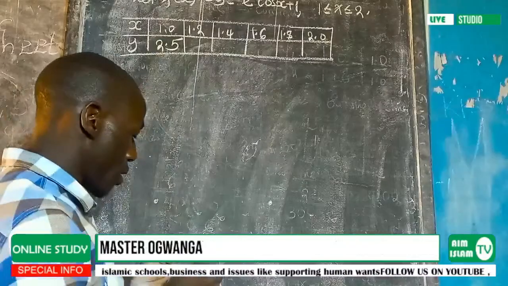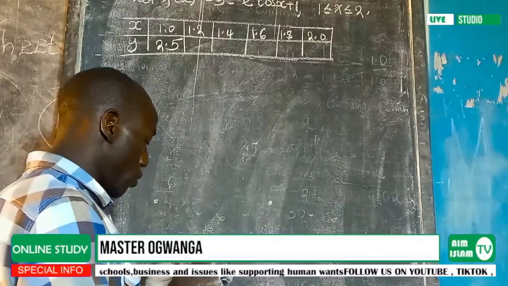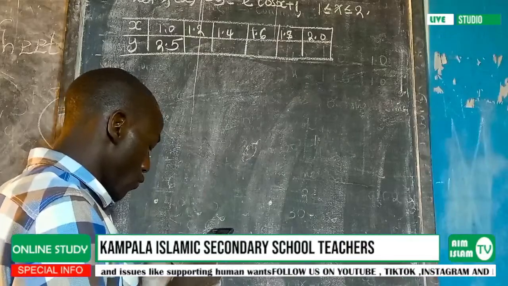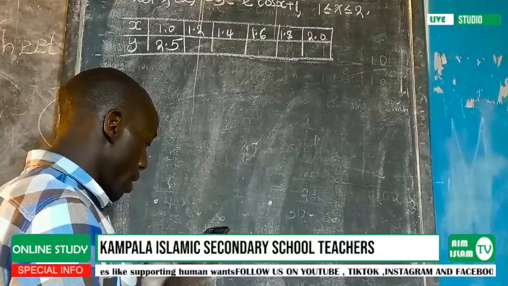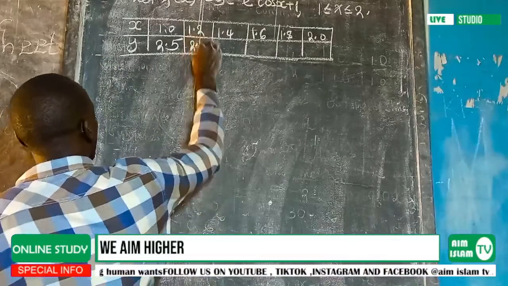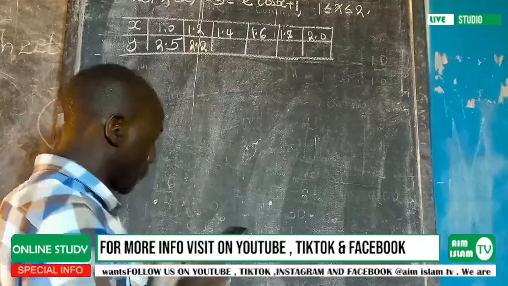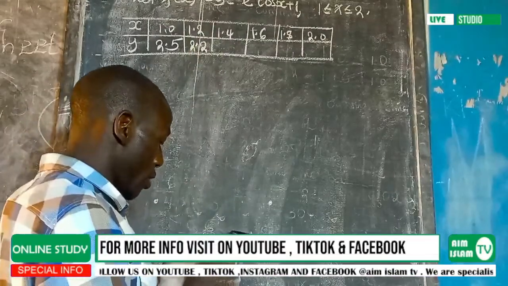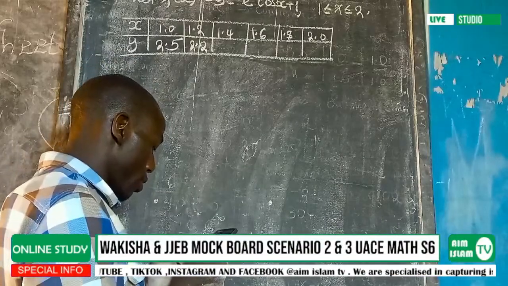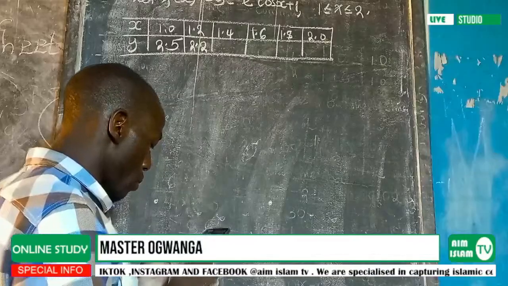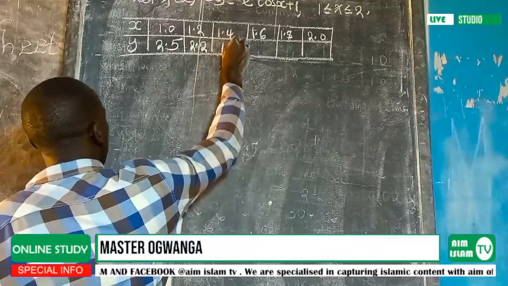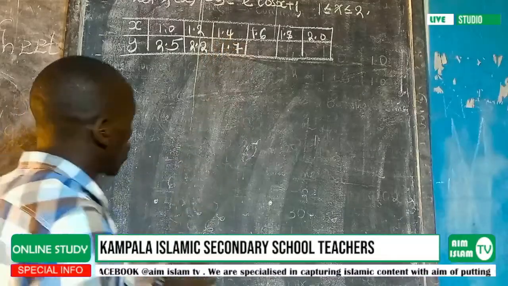Go to another one, exponential of 1.2 cos of 1.2, then plus 1. This is 2.2. Go to another one, the exponential of 1.4 cos of 1.4 plus 1 to get 1.68, which is approximately 1.7.